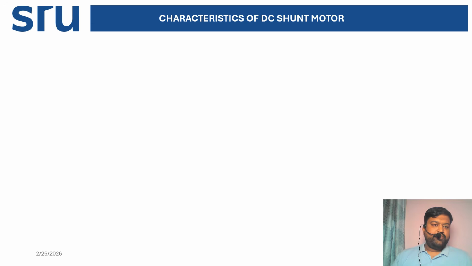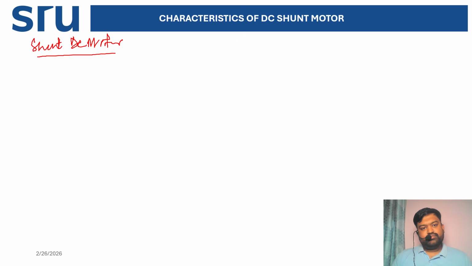Now, specific to DC shunt motor. In this shunt DC motor, we already know the torque relationship with the current.